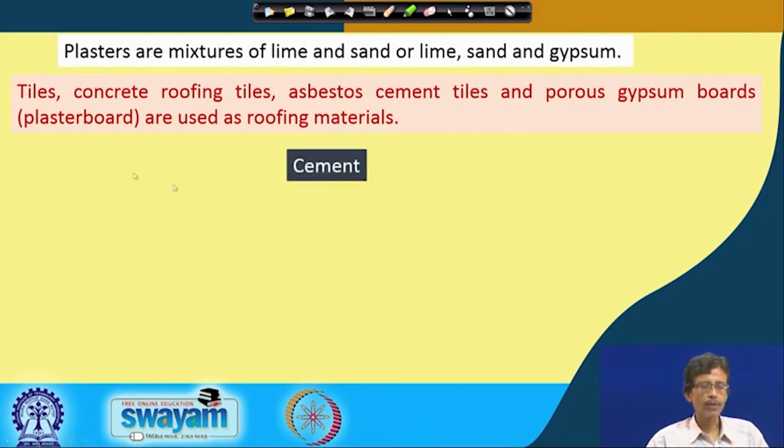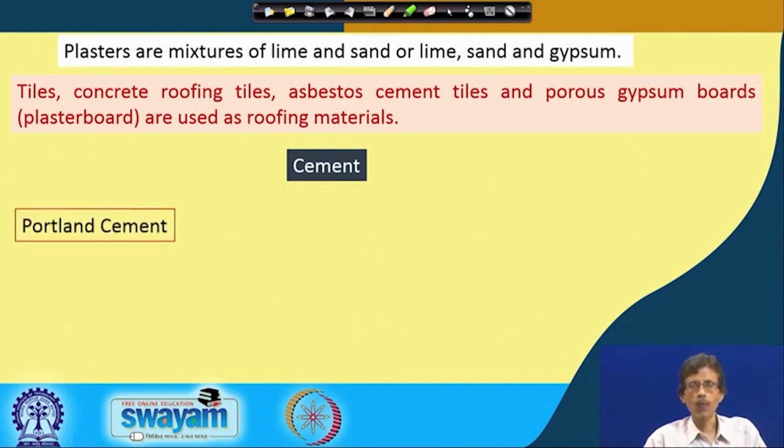So how do we get the very important material, which is your cement? How do we make cement? The best known material of cement is your Portland cement, because we know that several other types of cements are known. When it is mixed with asbestos, it will be your asbestos cement.